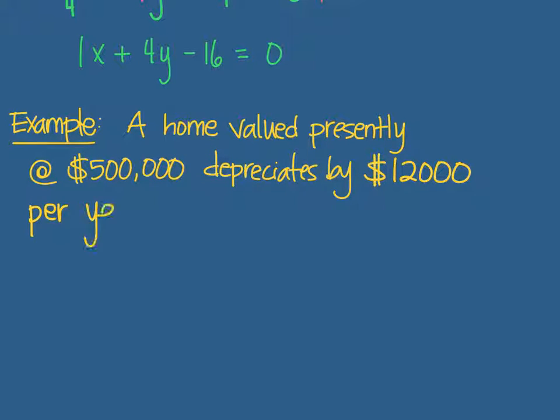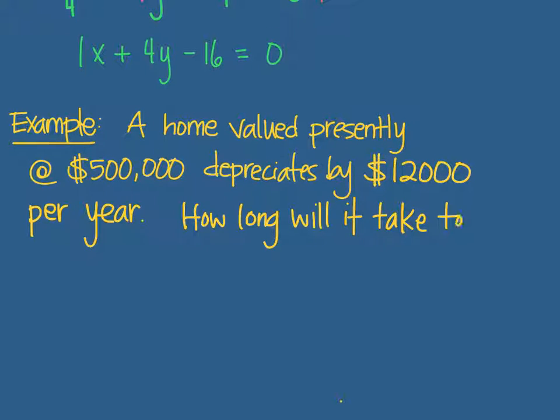Now, that's not what you want to happen to your home. You want your home to gain value, but perhaps we're in a recession or something like that, which happened when you guys were kids 10 years ago. So we're going to say that this home is depreciating in value. How long will it take to be valued at $350,000?